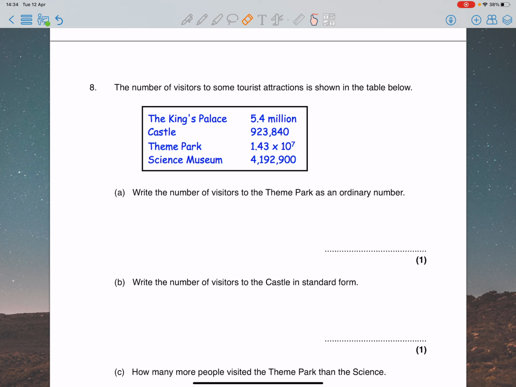So we're doing 1.43 times 10 to the power of 7. So 1.43, and then I'm going to times it by 10, 7 times essentially. So every time I times it by 10, we can kind of think about it as a decimal moving to the right, though really the numbers are moving to the left. But as Einstein once said, everything is relative.